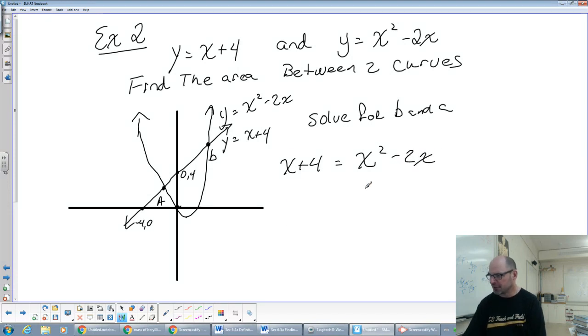Bring everything over to this side. So 0 equals x squared, subtract an x from here, subtract an x from here, gives you negative 3x, subtract a 4, subtract a 4. So there is our equation. We can factor that out nicely.